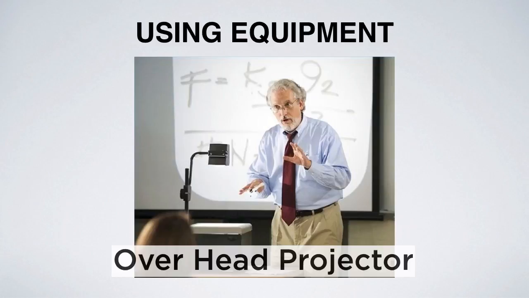Now the problem with OHP is that it's bulky, it's heavy, it's big, and it's not portable. Even when there are portable OHPs, it is still cumbersome. It's not that easy to travel with an OHP.